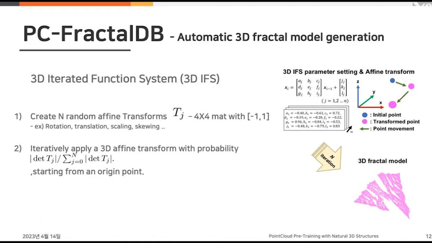As I understand, the transformation is used to create the 3D fractal model from a certain point, since it's iteratively applied from the initial point, and then you get the second point, which has a different location from the initial point. Then with those 2 points, you apply the transform again, and you move on to some other place.